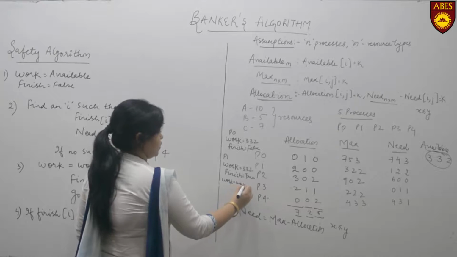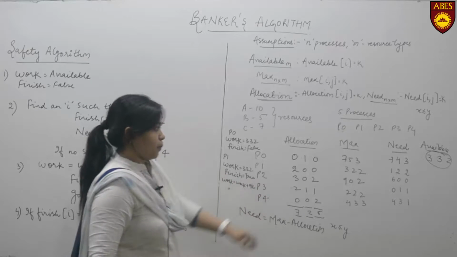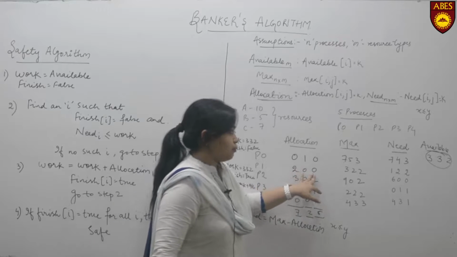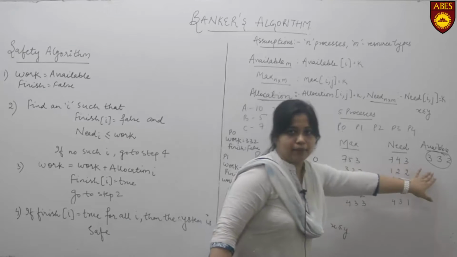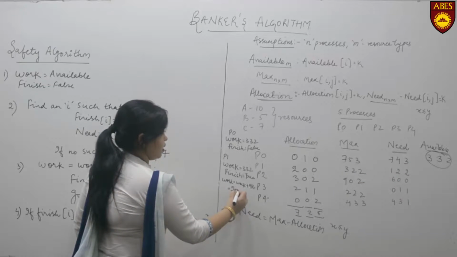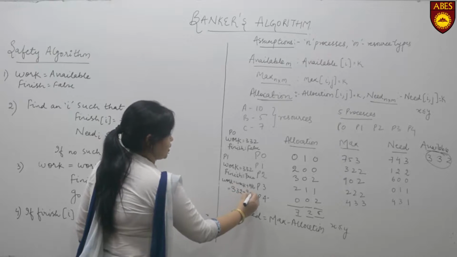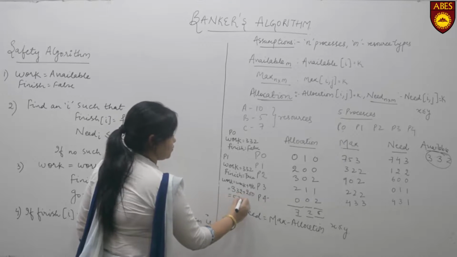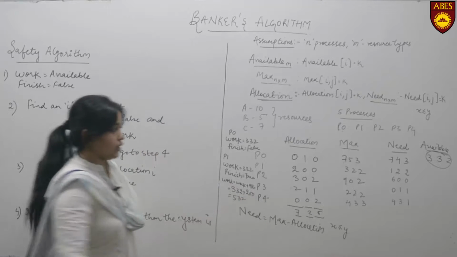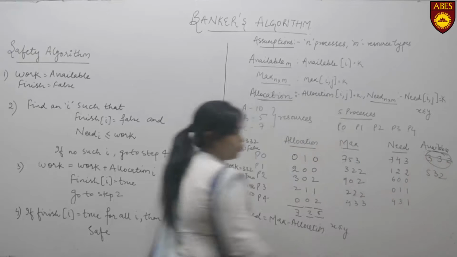This allocation is added to this available. That means work is 3 3 2 plus this allocation, 2 0 0, and this is going to be 5 3 2. Now the available will become 5 3 2 instead of 3 3 2.